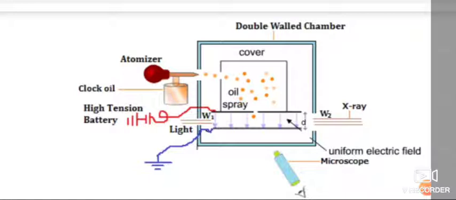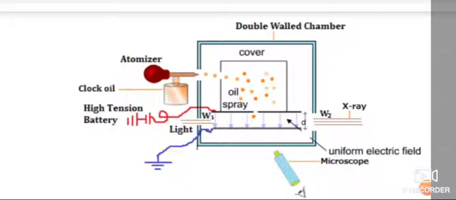One drop falls from one part to the other part, and that one oil drop is observed. The velocity of the oil drop towards the gravity and away from the gravity, all this movement is observed. From that, the mass of the oil drop is calculated using the velocity of the oil drop.